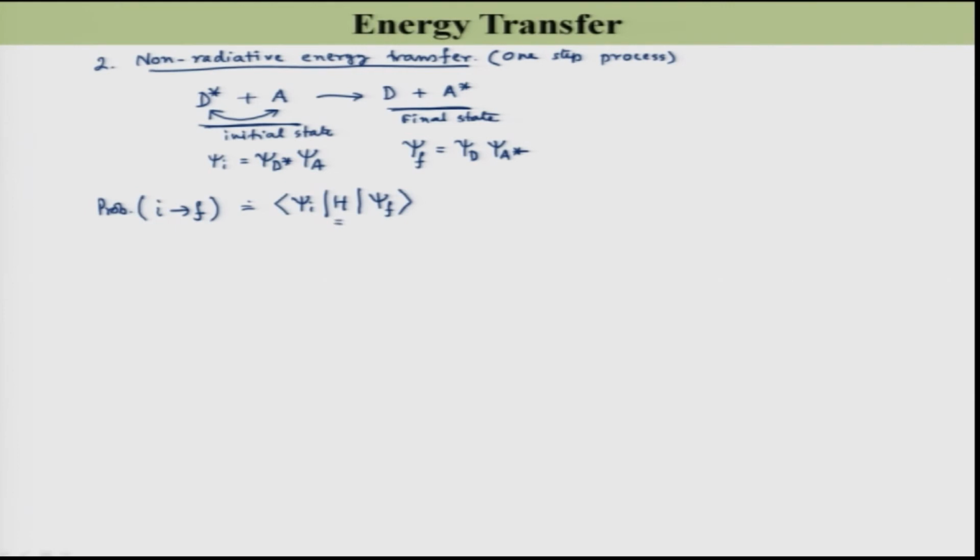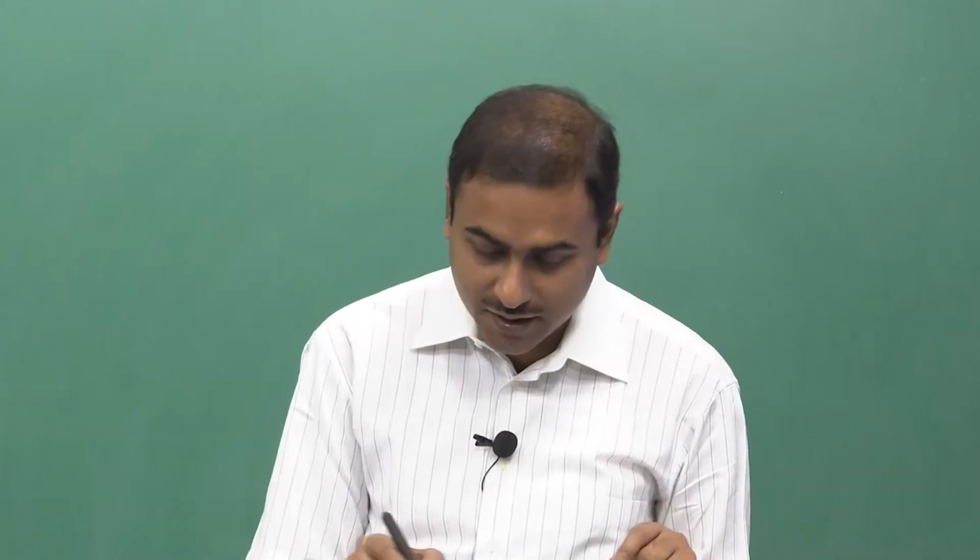As I said that they are dipoles, and nobody stops us from telling that this is a Coulombic type of interaction. So, if I take this H as a Coulombic type of interaction, let me write that.